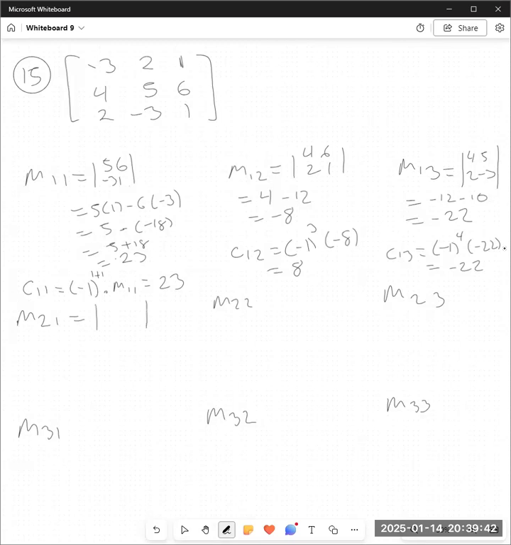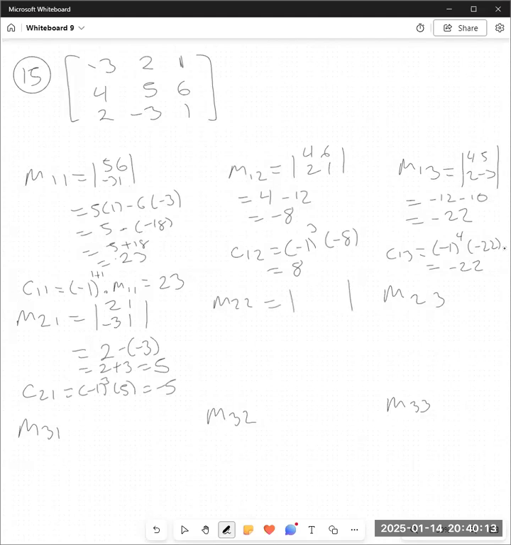M21, so if I eliminate row 2 and column 1, that's 2, 1, -3, 1. So that is 2 minus a -3. 2 plus 3 is 5. And C21 is going to be -1 to the third times 5 is a -5.